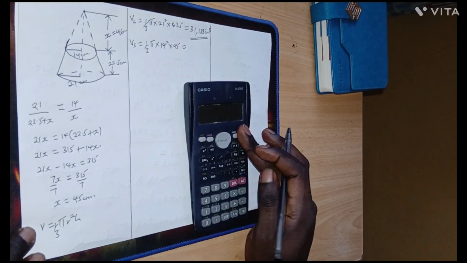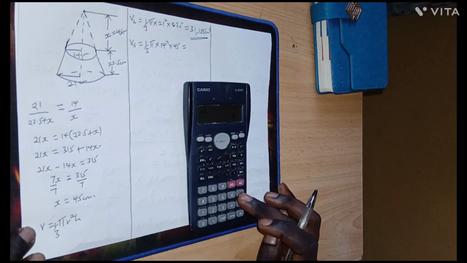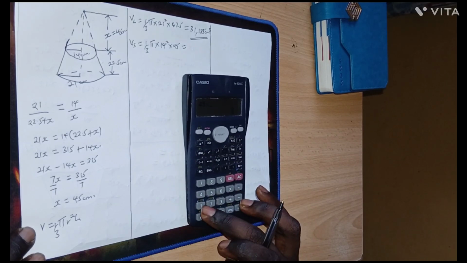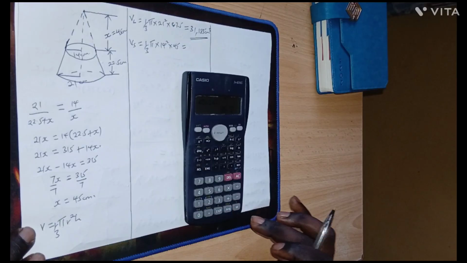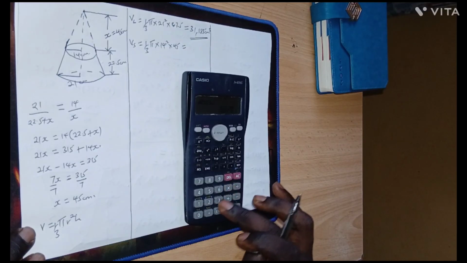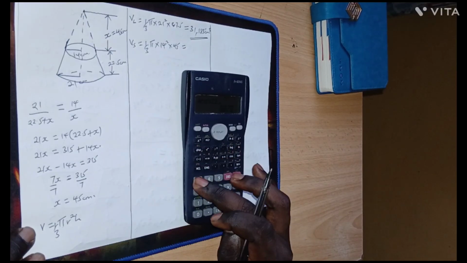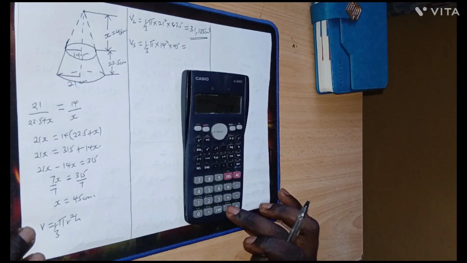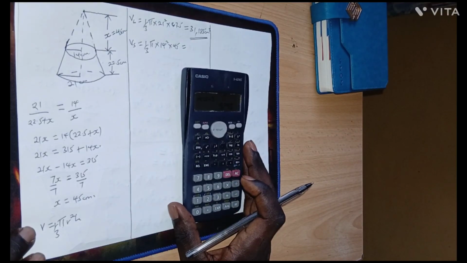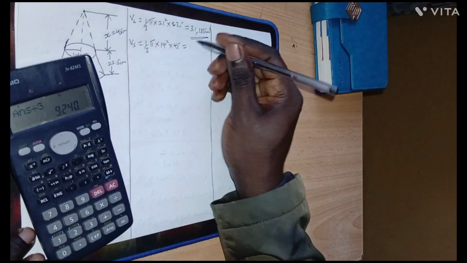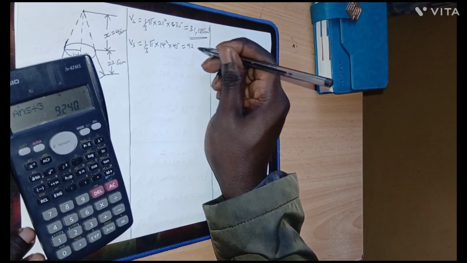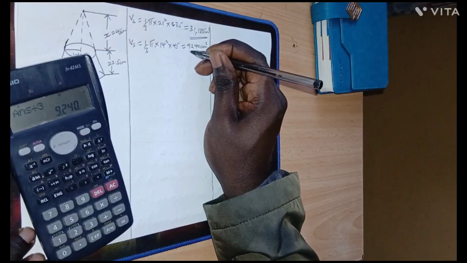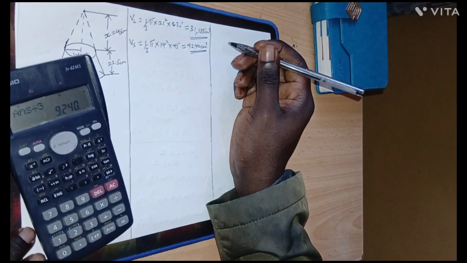It's going to be 45 multiplied by 14 squared, then multiplied by 22 over 7, then divided by 3, right? That's going to give us 9240 centimeters cubed as this bit, right?